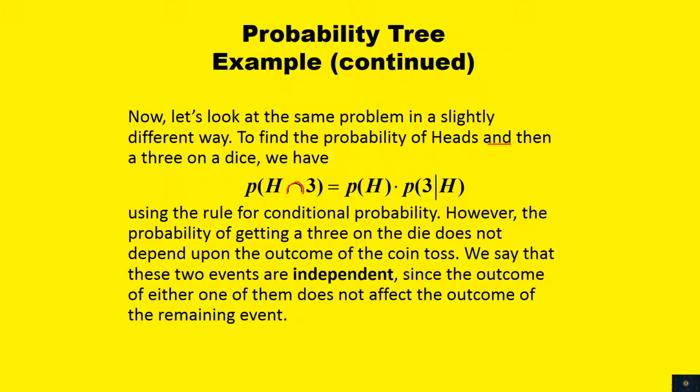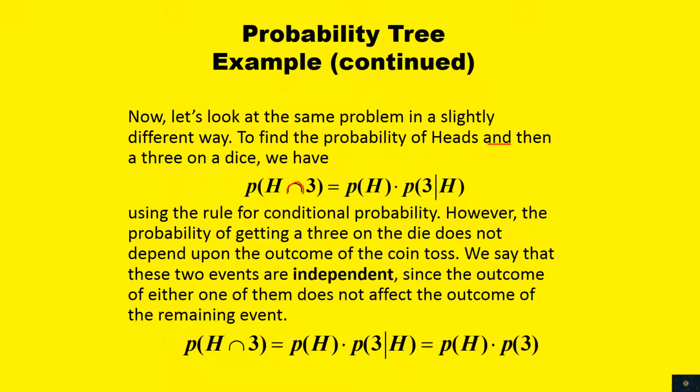They don't affect each other's probability. And of course, this was the 1/2 times 1/6, which is 1/12. We actually didn't even need this, did we? We didn't need given heads. We could have said 1/6 anyway.